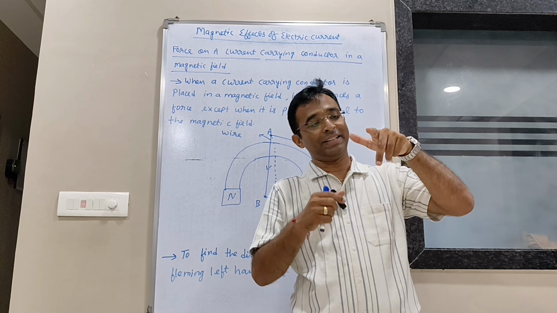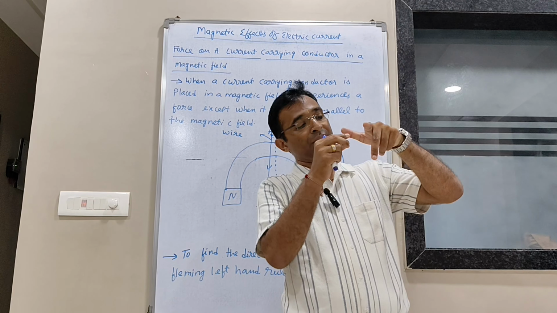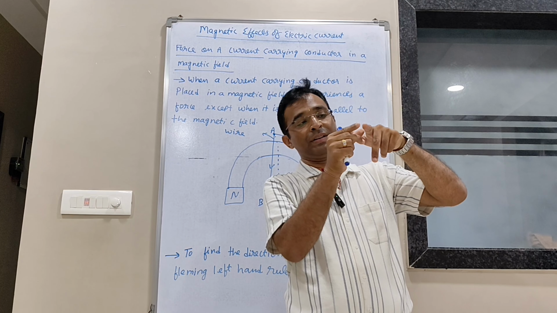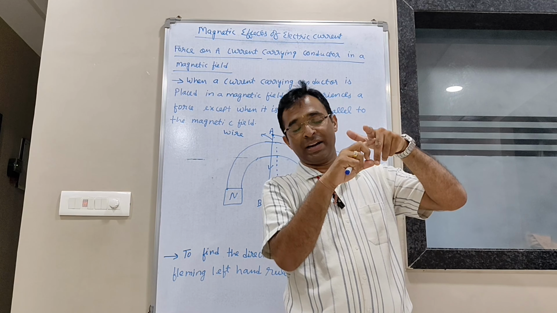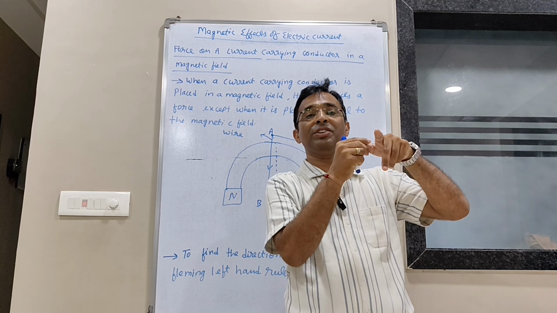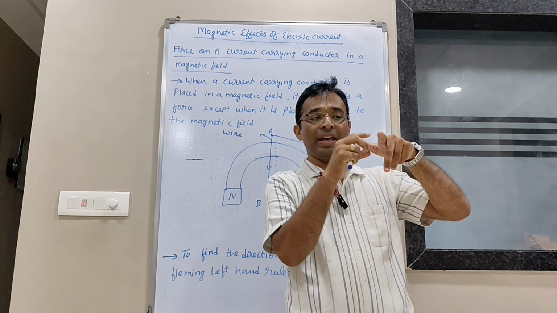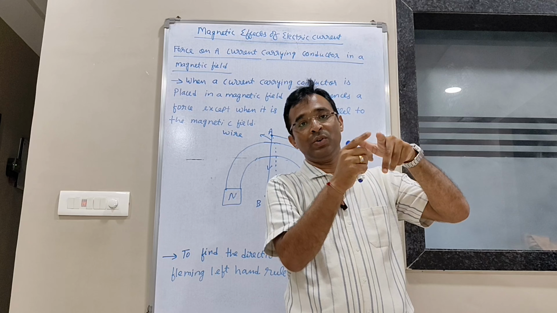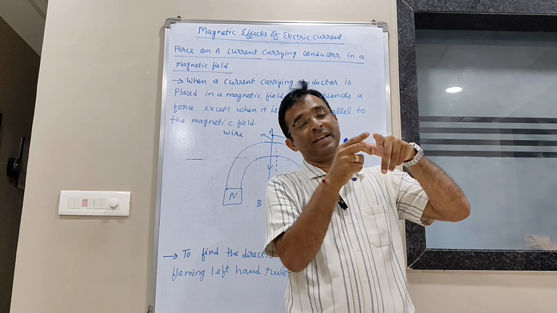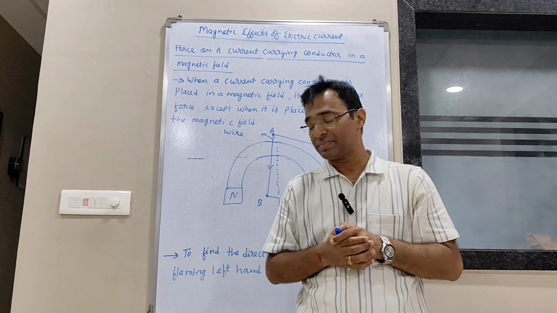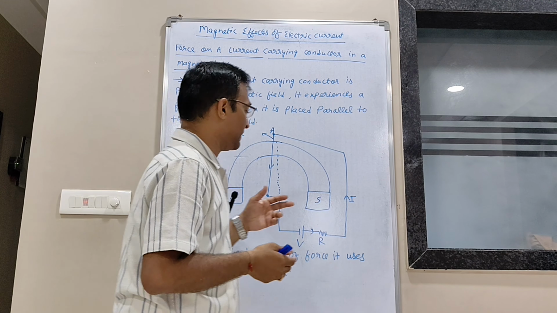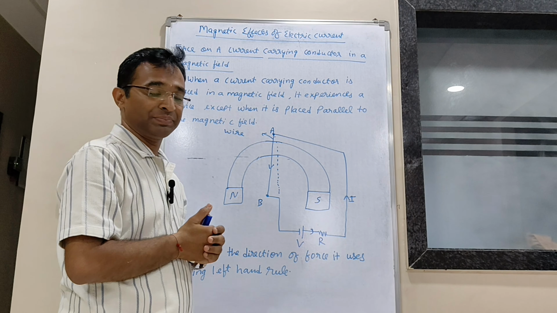The left hand rule is like this. If we have electricity and magnetic field, then we can find the direction of the force. Any two of the three are given, and we can find the direction of the third one. I will try to explain it here with the help of this example.